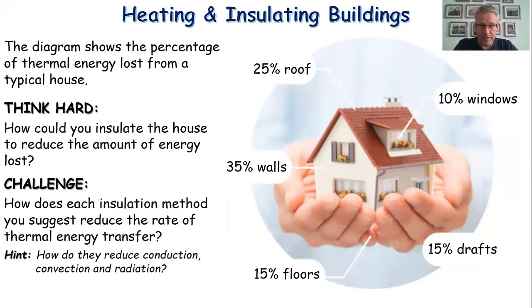And the challenge aspect of this is then to describe how each insulation method you describe reduces the rate of thermal energy transfer. So we're talking about how they reduce conduction, convection and radiation specifically. So it would be a really good idea for you to pause the presentation now and have a think about that, maybe make some notes.